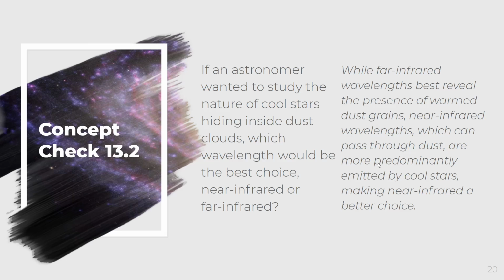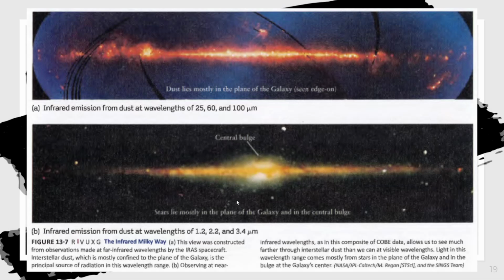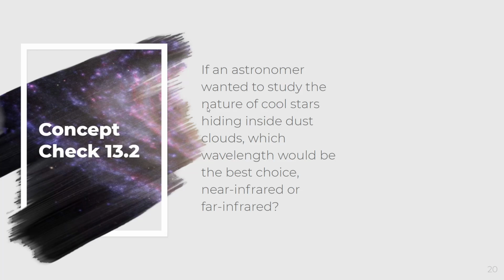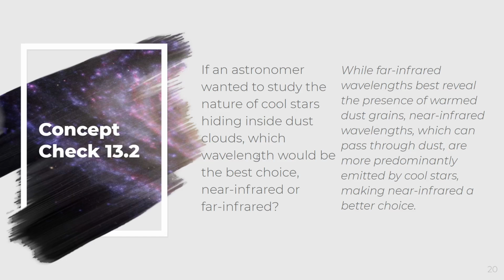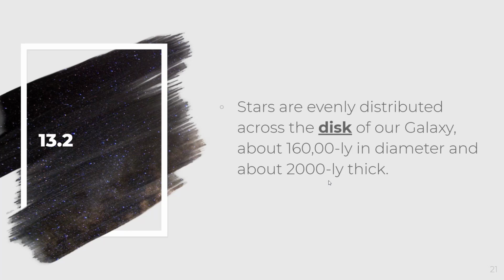Okay? Mostly because the dust itself is giving off that far infrared. But in this picture, these stars are giving off the near infrared. So either this is through the dust, this is the dust. So it's better to use the near infrared because that can go through the dust as opposed to actually looking at the dust.